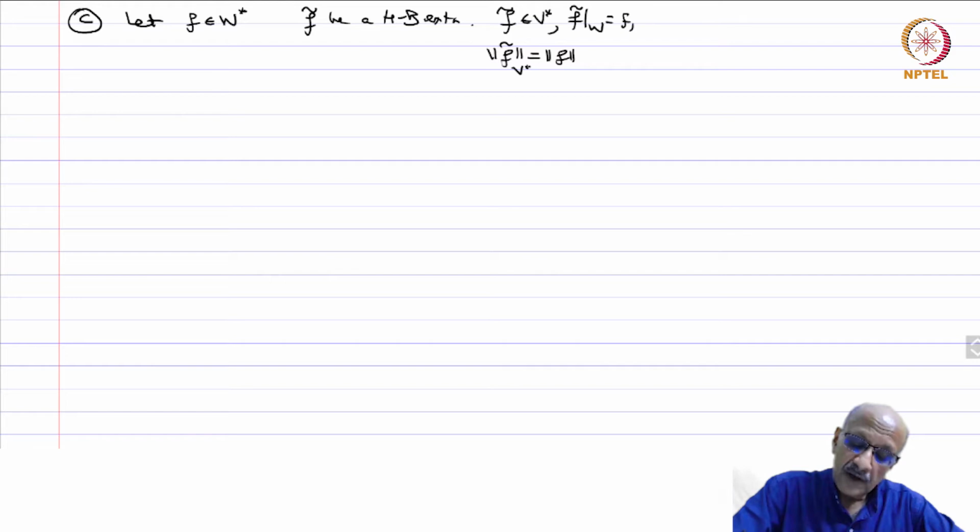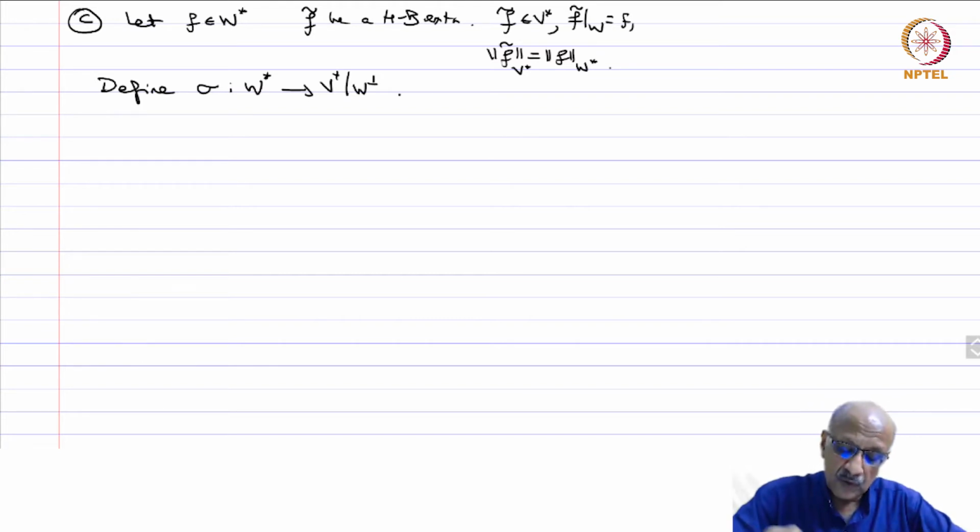This in V star and this in W star. So define sigma from W star to V star by W perp. W perp is a closed subspace, so this quotient is well defined, and sigma of f equals f tilde plus W perp.